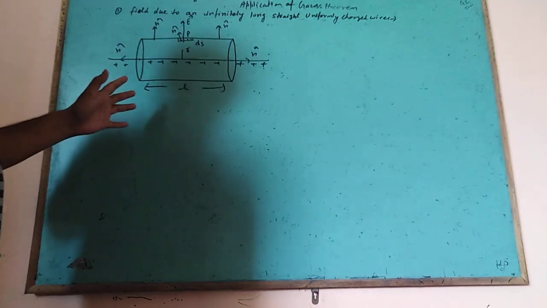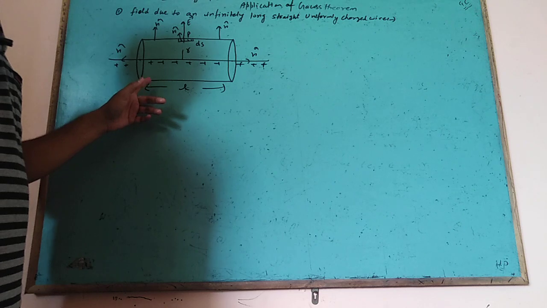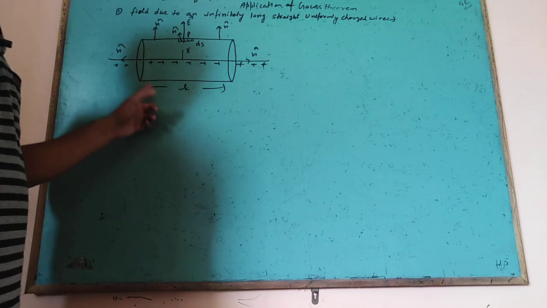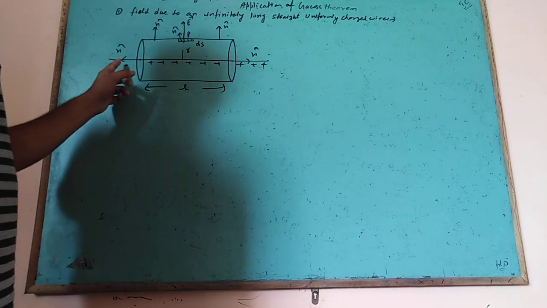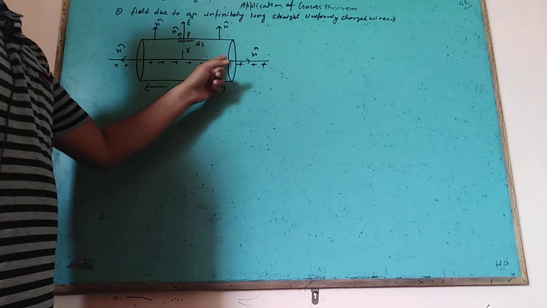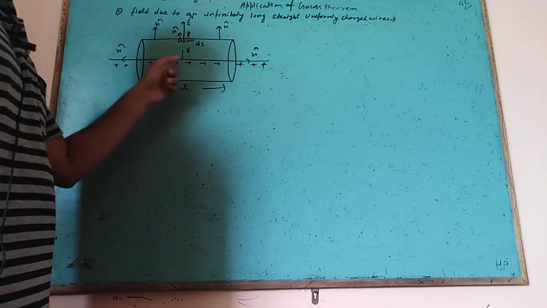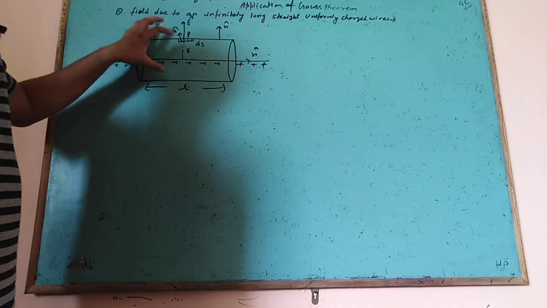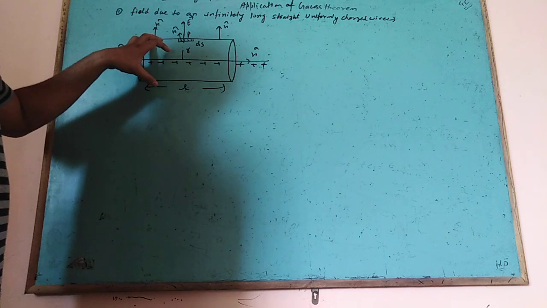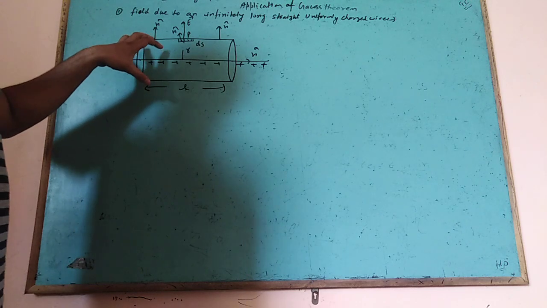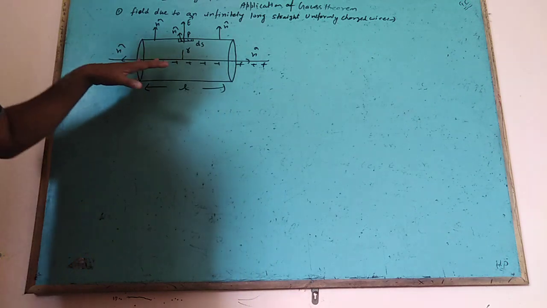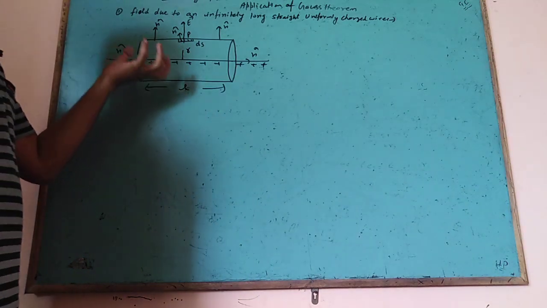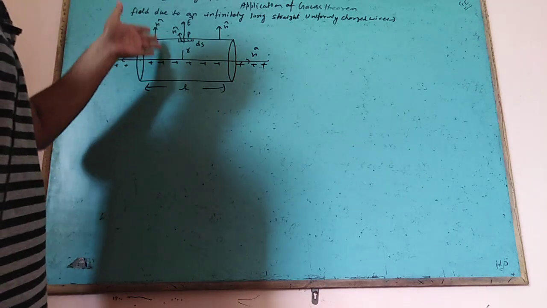Consider a right circular closed cylinder of radius small r and length of the cylinder L, and a uniformly straight charged wire is placed on the axis of the cylinder, and this charged wire is also enclosed by the closed cylinder. This source of charge also produces electric intensity in different directions.